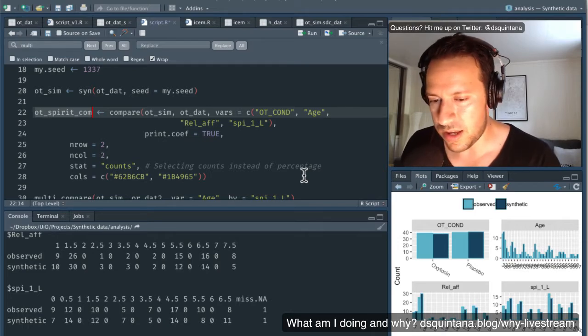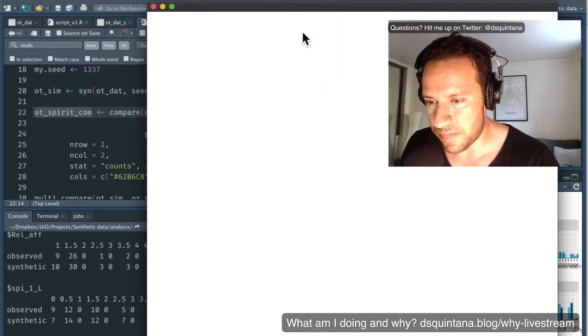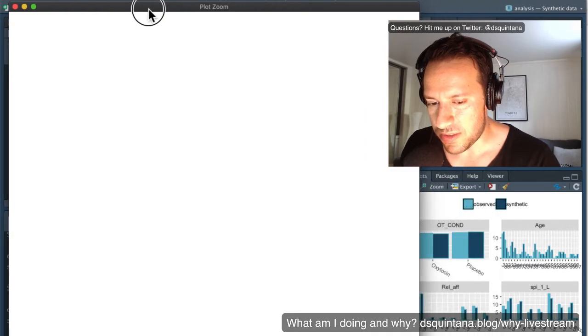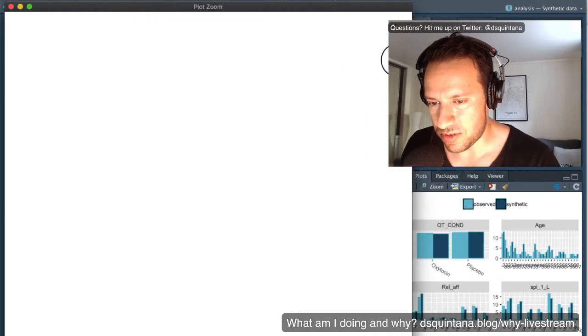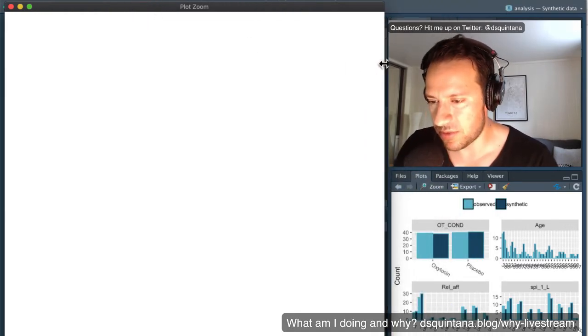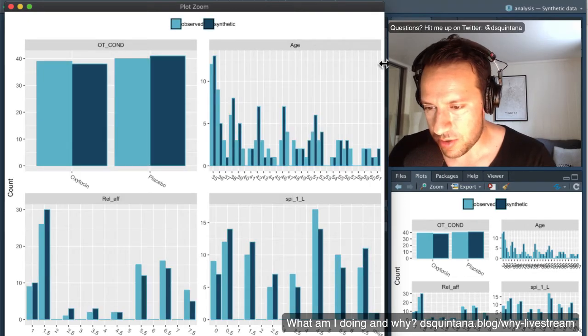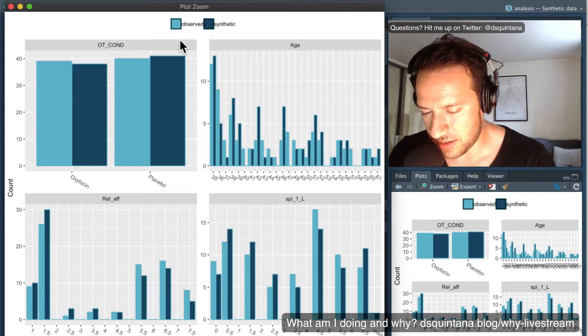Looking at these plots here, the general distributions or the general frequencies of the variables are looking quite similar between the observed and the synthetic data sets. I'm fairly happy with this, and we've seen this before.